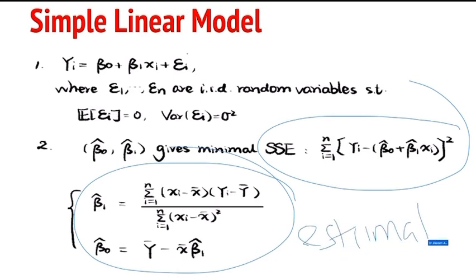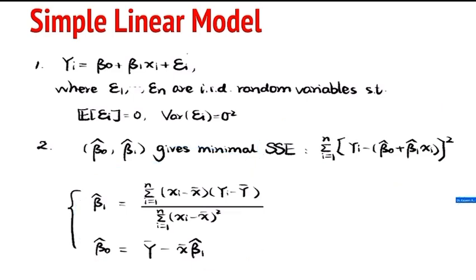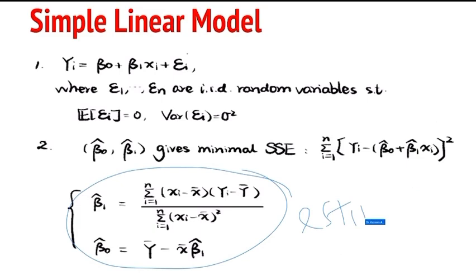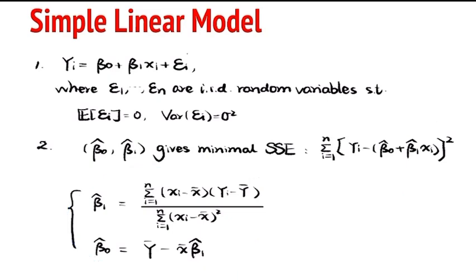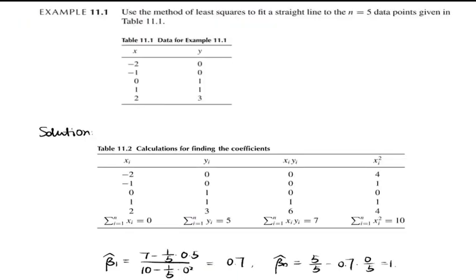Okay, they are estimators. We actually call them estimators, and whatever value we obtain from them will be estimates. So because of that, this guy here is an estimate. These are estimates.